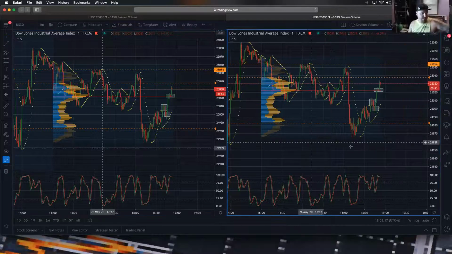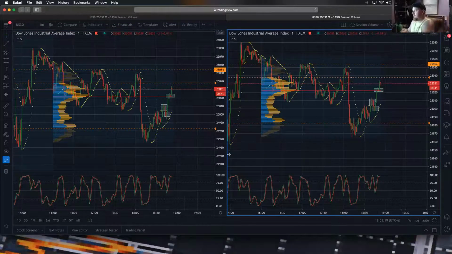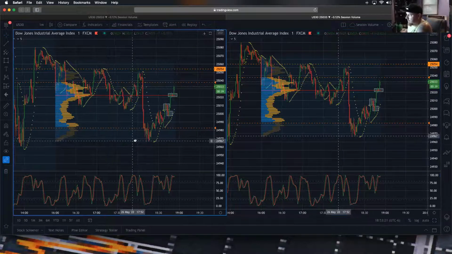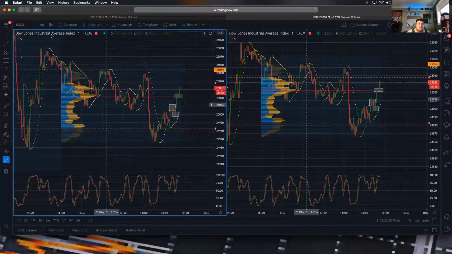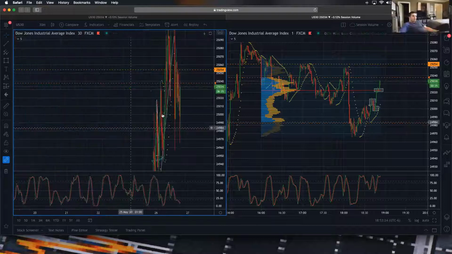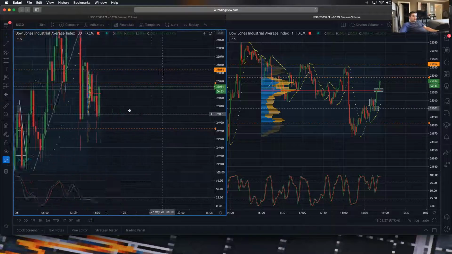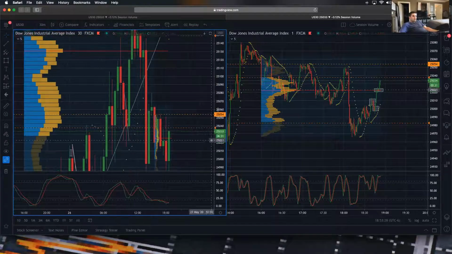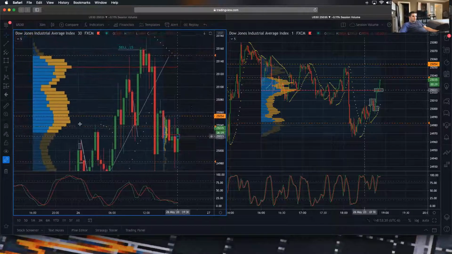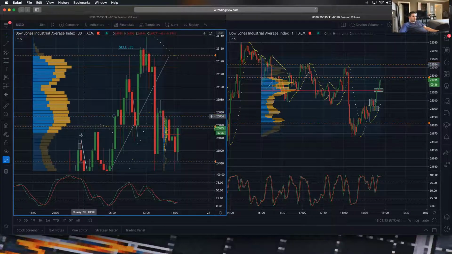See, at this time of day you're kind of basing it off of yesterday's volume profile of where it's going to go. Yeah, so I'll go off the 30-minute right now, and it'll make a lot more sense. Basically, like I said earlier, I'm following previous structure right now.